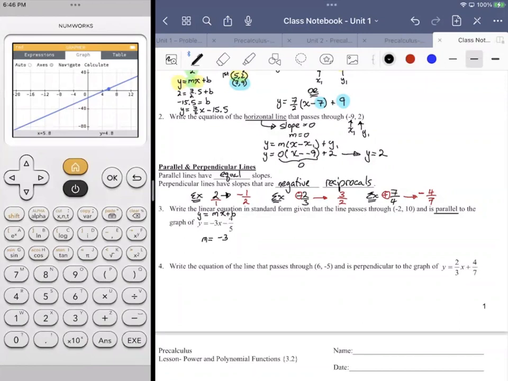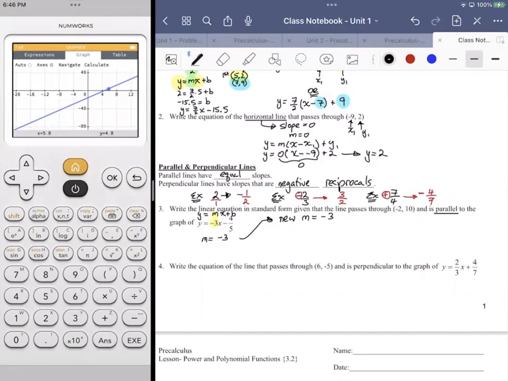The m value has to be negative 3. Now that's the slope of this line, but since the new line is going to be parallel to it, the new slope is still going to be negative 3. And really, when I say new slope, I mean the slope of the new line, the line that we're trying to create.